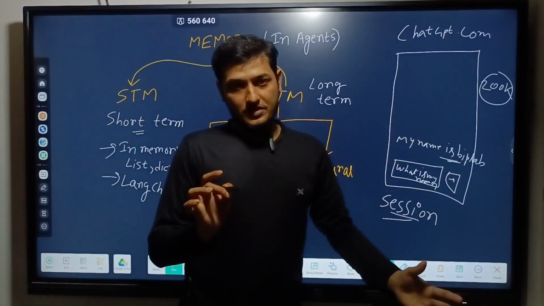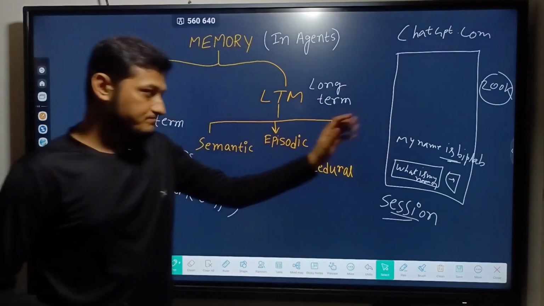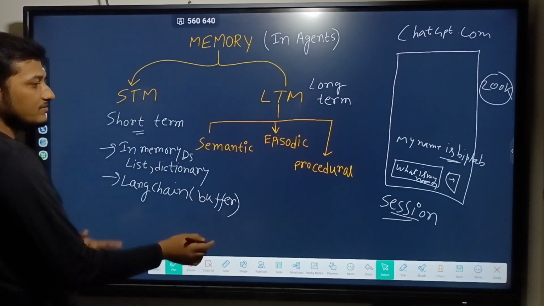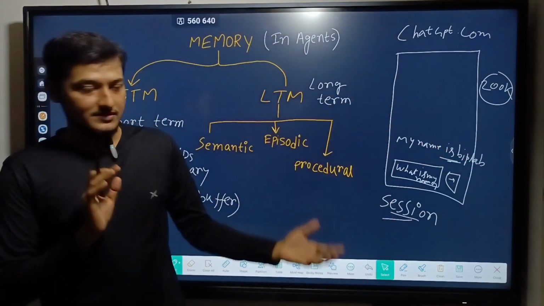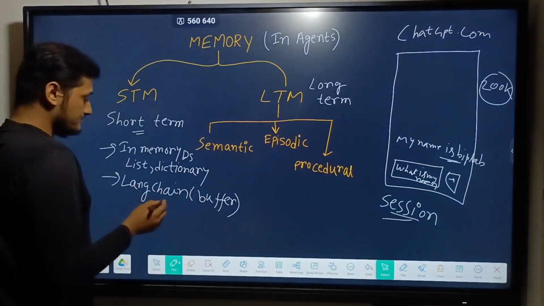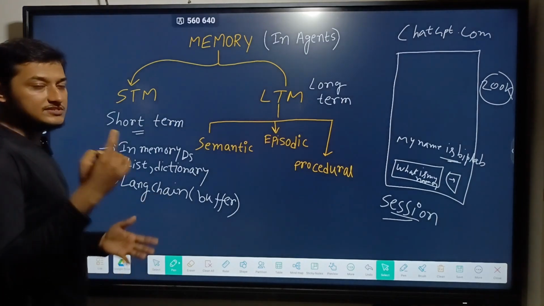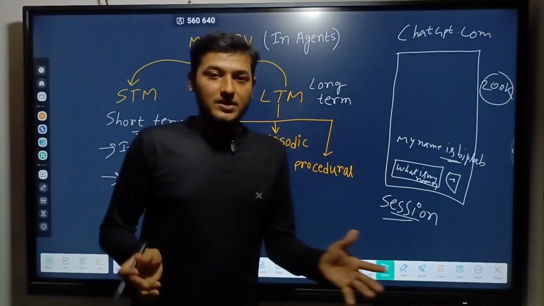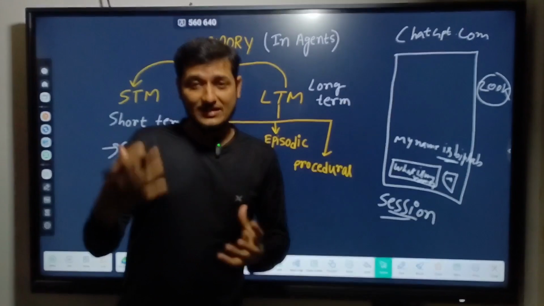They store the previous conversations in a buffer, and that buffer will be sent with every new request that you are sending. When I teach you LangChain and implement that project, I will show you how it actually works.